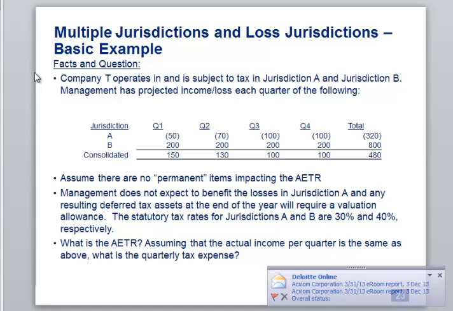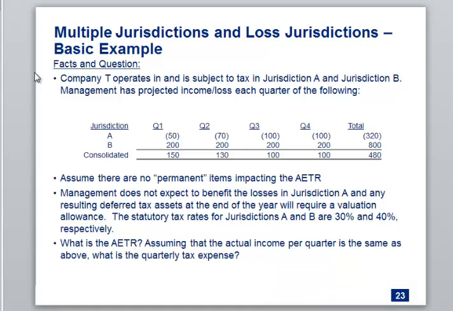Second bullet from the bottom: management expects that jurisdiction A is going to have a VA, so that loss is going to provide no financial statement benefit. The rate in A is 30%, the rate in B is 40%.